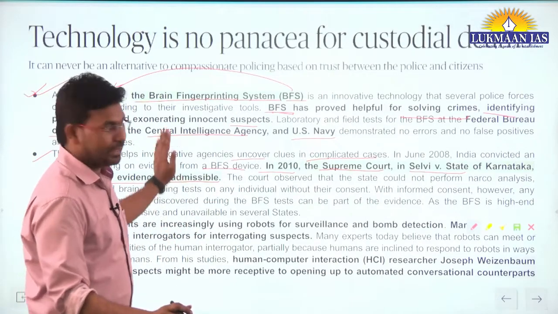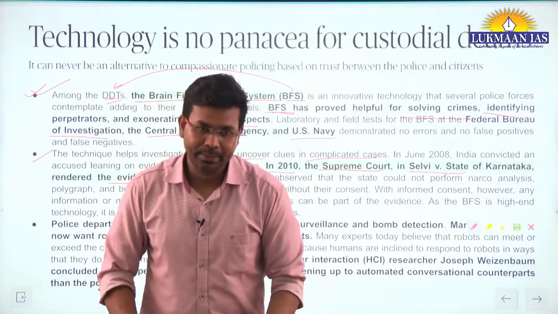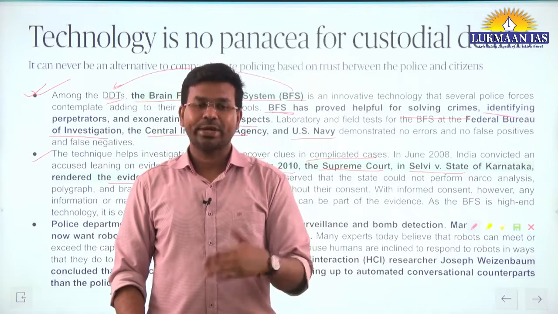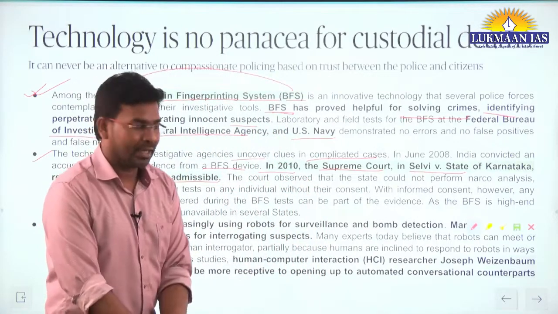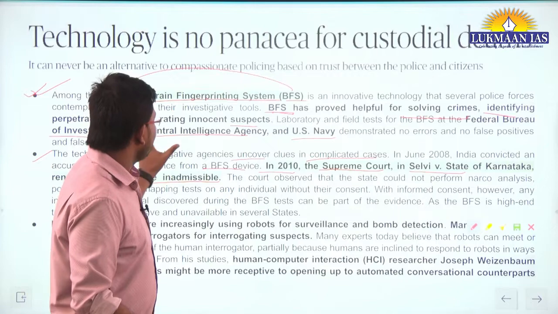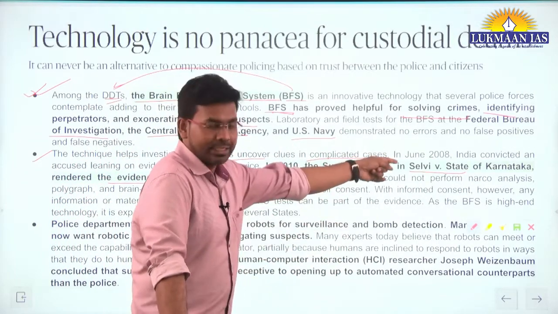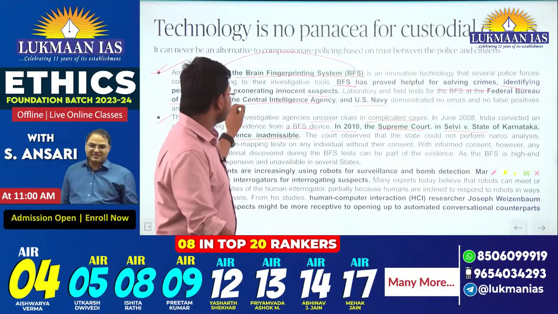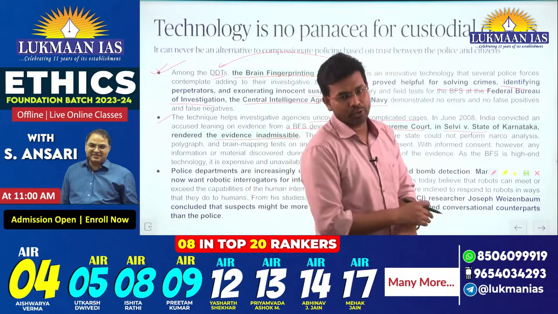So what has happened is that this technology, the brain fingerprinting system, is widely employed by Western countries like the USA. But in India, the Supreme Court in 2010 said in this particular case that evidence from this technique is inadmissible in a court of law.